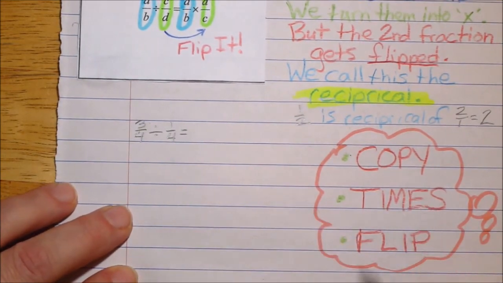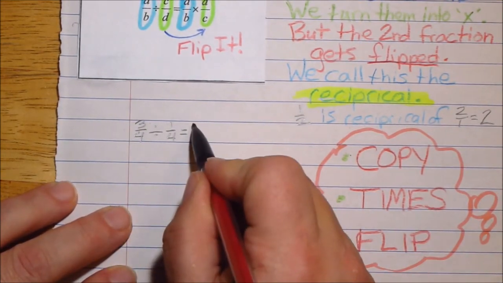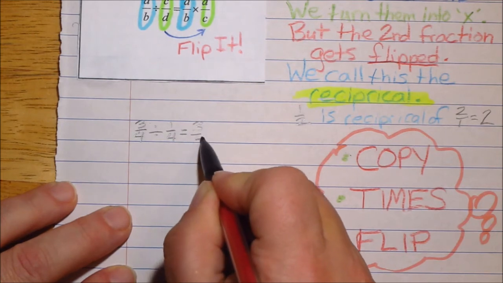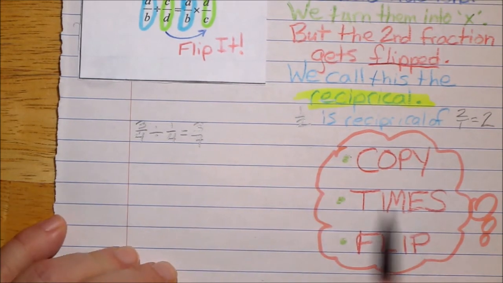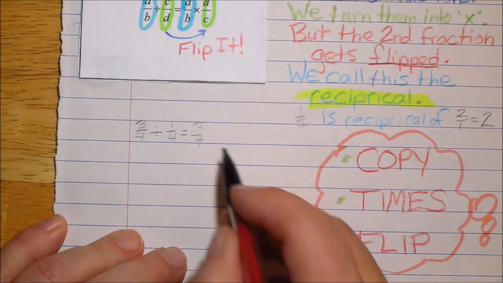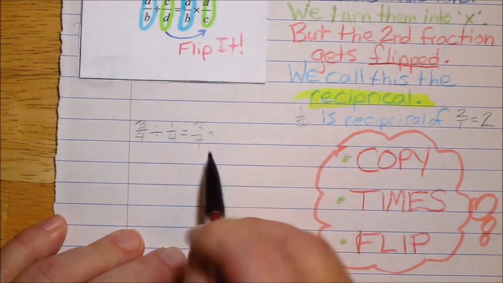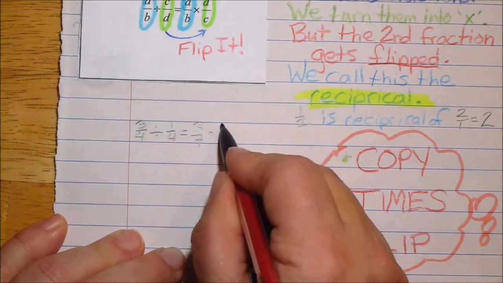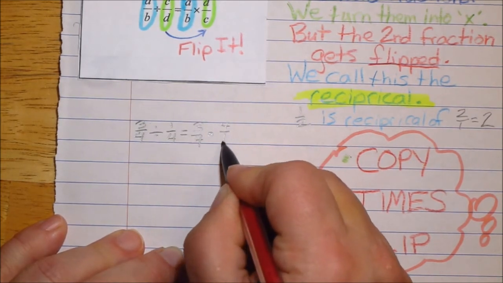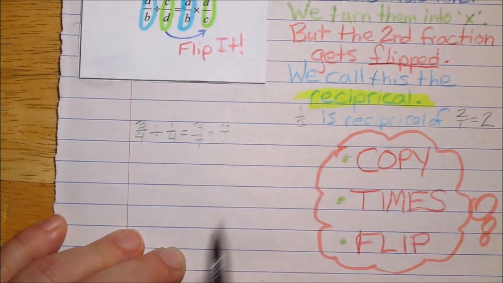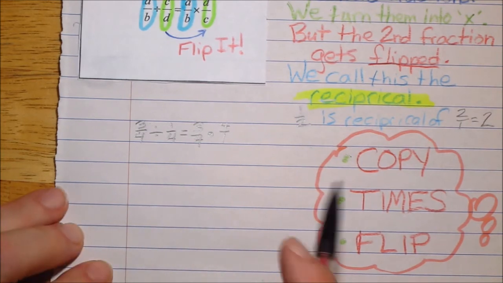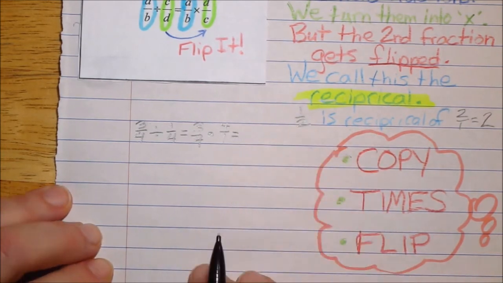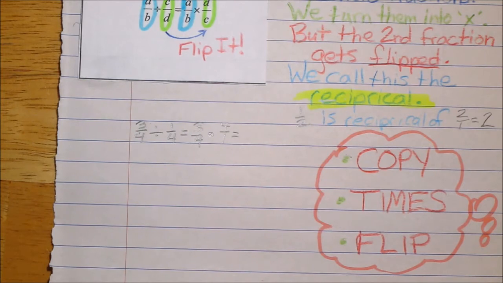That's the copy of our copy times flip. The first fraction, we just copy it right over. Then, times, we change this division symbol into a multiplication symbol. Copy times, now it's flip. Flip, we flip that second fraction. Copy times flip. Now we have a multiplication problem that we can work with the same way we learned how to work with in lesson 5.2.